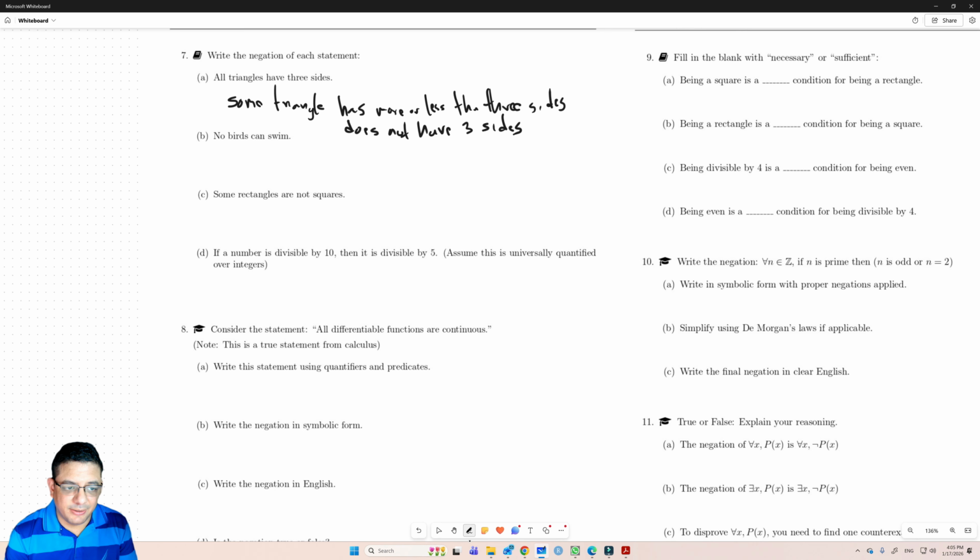You can rewrite this first as all birds cannot swim. This is equivalent to this. Okay? So the negation of this will be some birds can swim.